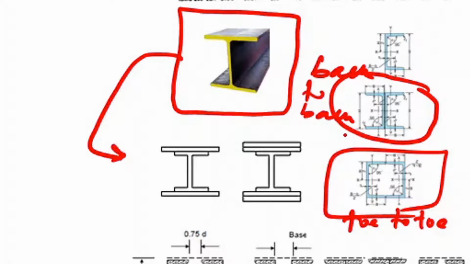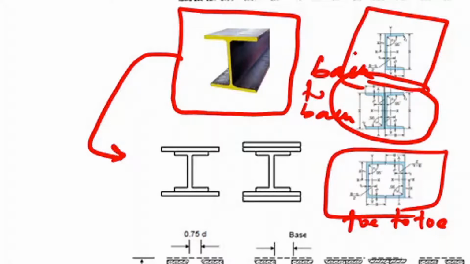That is why even today in many places you can still see built-up sections like this, channels connected back-to-back, not toe-to-toe. But you should never go for a single channel section. As we discussed in the failure of compression member video, which I recommend you go to, unsymmetrical sections should not be used for a column.